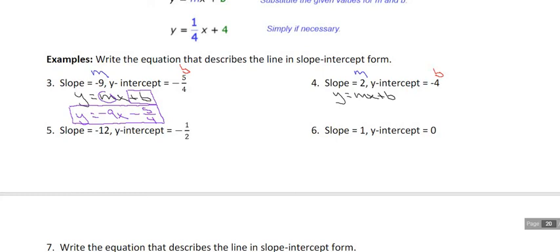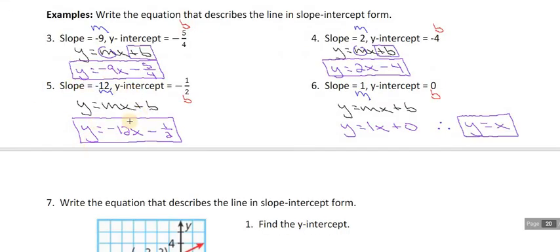So y equals, m is 2, so 2x, plus b, our y-intercept, is -4. So instead of +4, it's going to say -4 since it's negative. You do numbers 5 and 6.